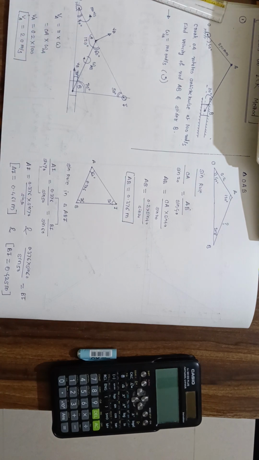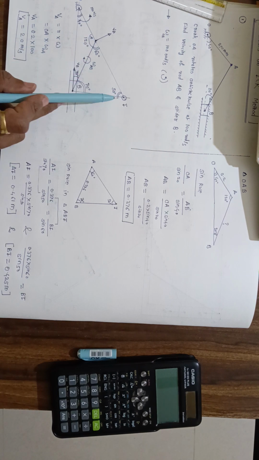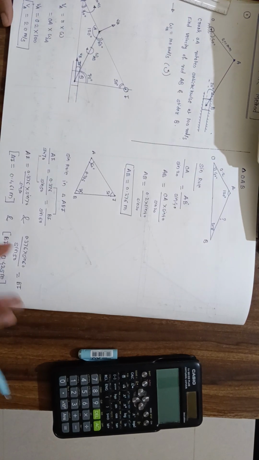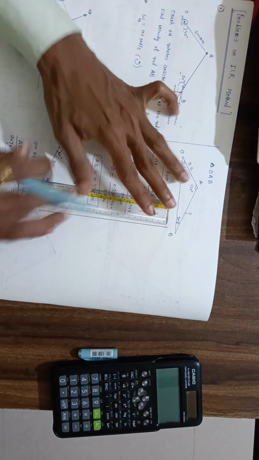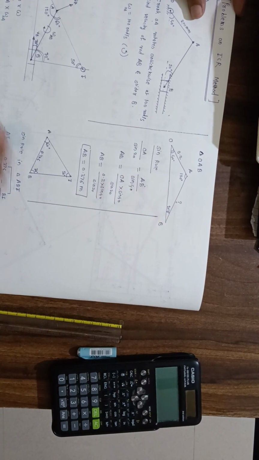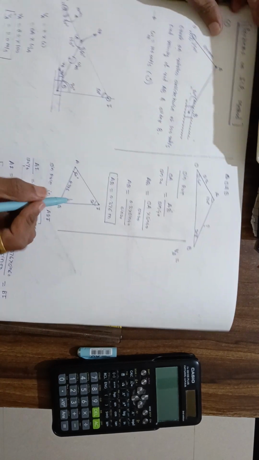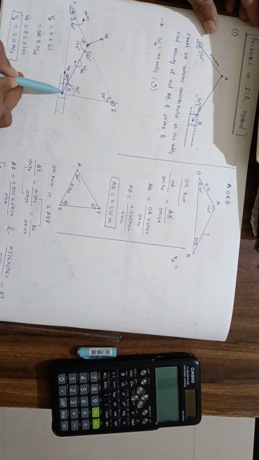By using the geometry, either by using sine rule or cosine rule, we have to find out the distance AI and distance BI with respect to the ICR. After this we will use the formula for VA. Now consider this point A, it is part of this rod AB.